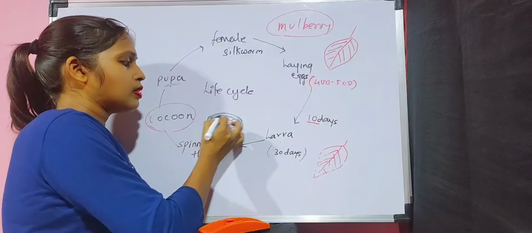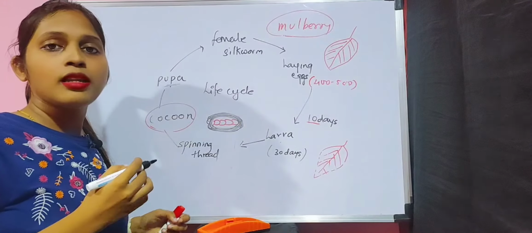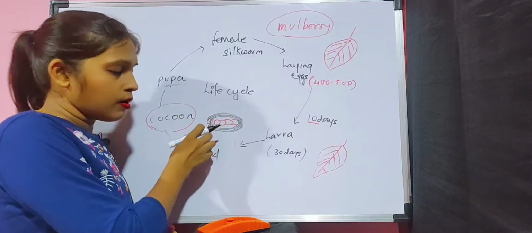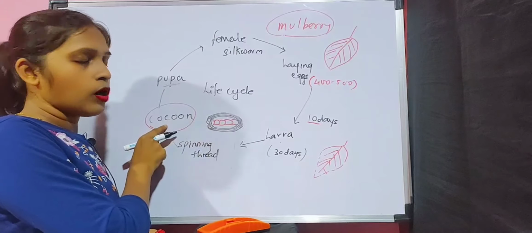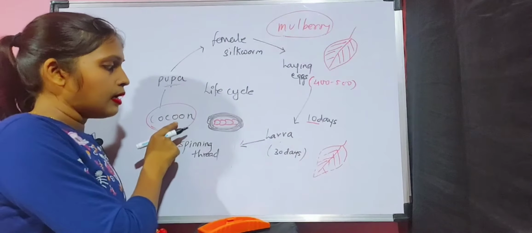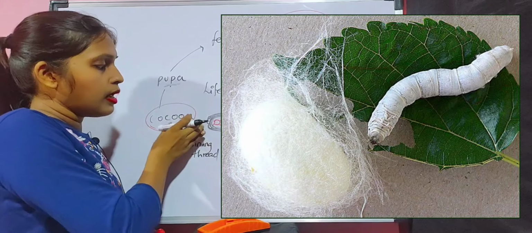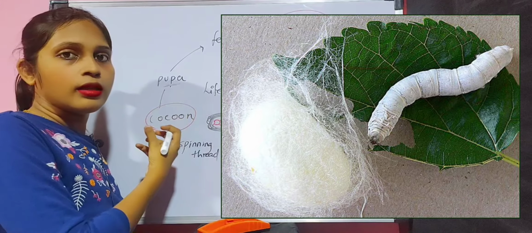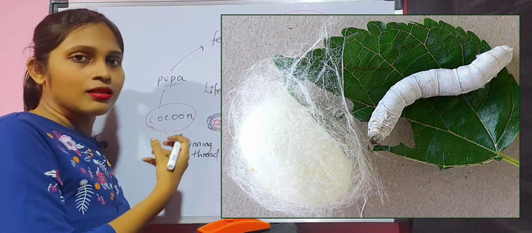This outer covering is basically a protective covering for the insect inside it. This protective covering is called the cocoon, and this cocoon later on turns into the thing of our importance, that is the silk.